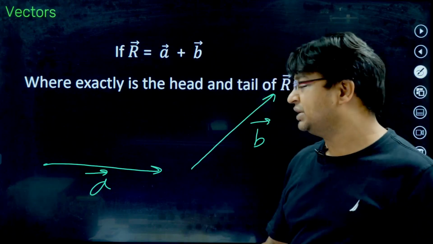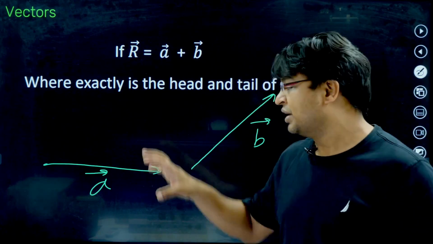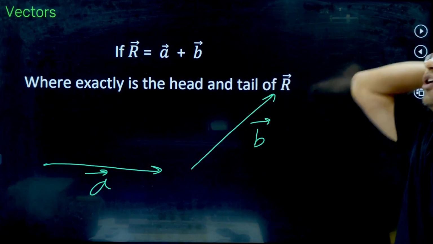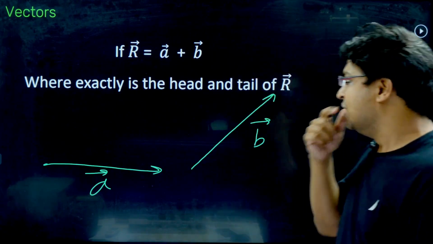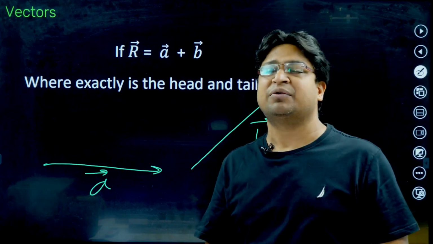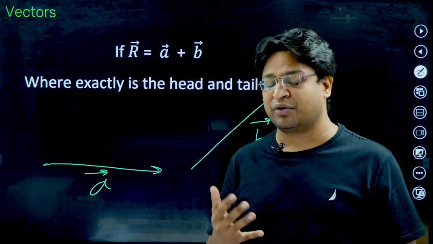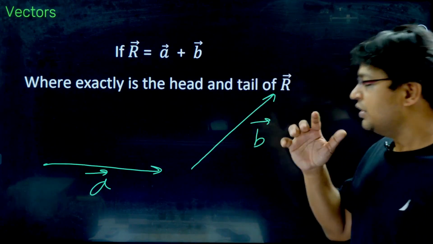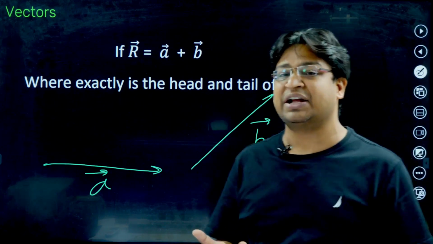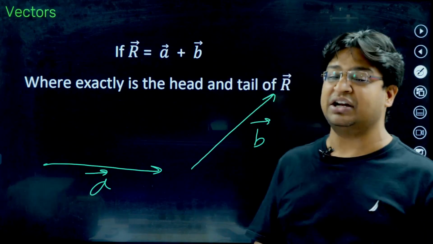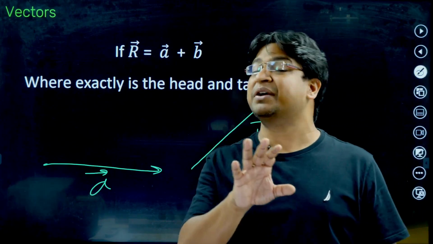Right now we are assuming that the vectors with which we are dealing, vector A and vector B, are of the same quantity, let's say force. So let me reiterate what it is that we are seeking. We want to know that when we add these two vectors, the result that we will get, will that be a vector or a scalar? The answer to this question is it will be a vector.